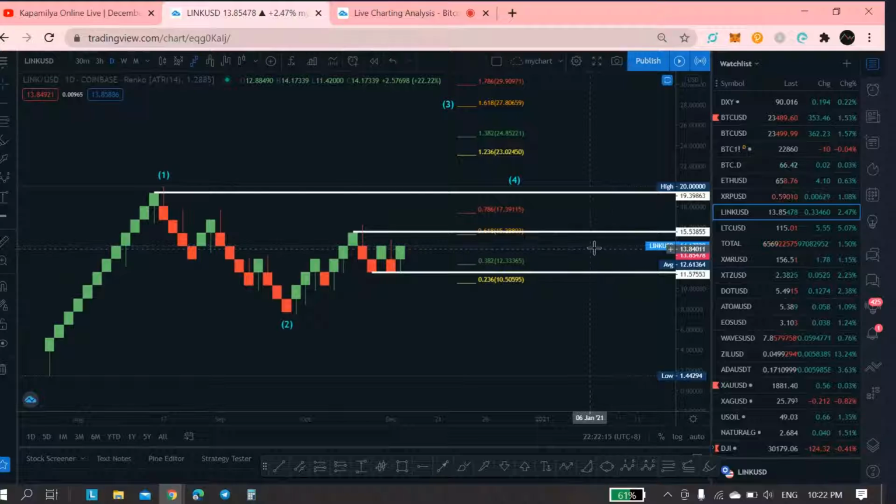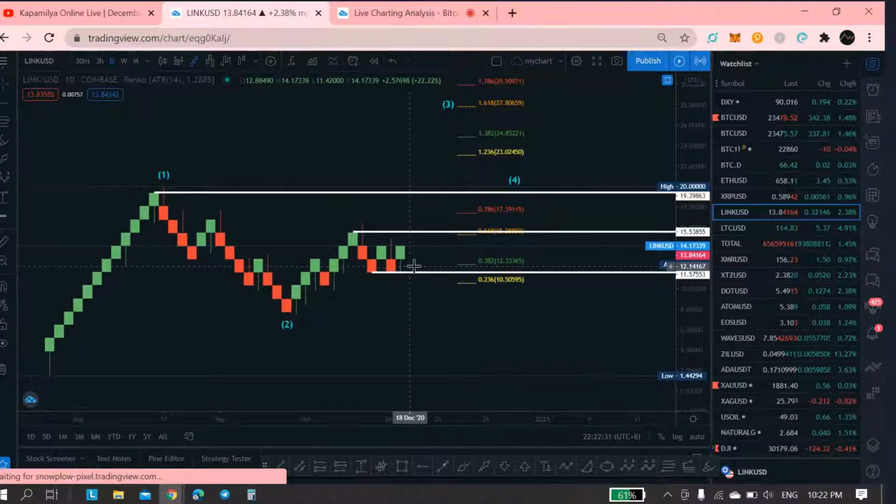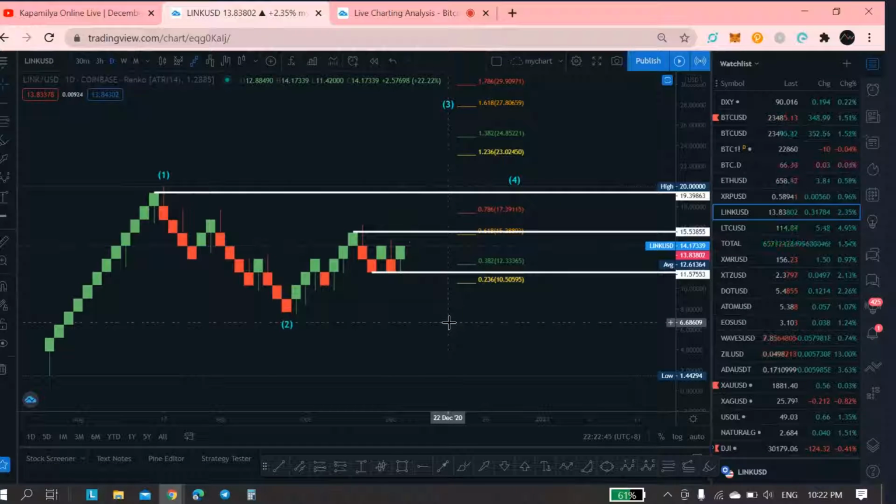So the blue dotted line here is the immediate resistance, 14.17. A breakout to 14.17 could possibly retest the previous high of around 15.5. Immediate support, or support 1, is at $12, and a breakdown of that $12, which is also the average, could possibly retest $11.5.